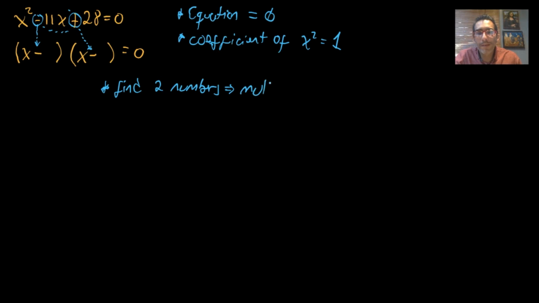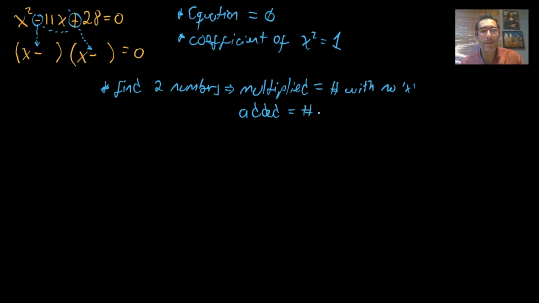Numbers that multiplied equal the number without the x, in this case 28. And those same two numbers must also comply with the condition that when they are added, the result is equal to the number that is with the x, the one in the middle.